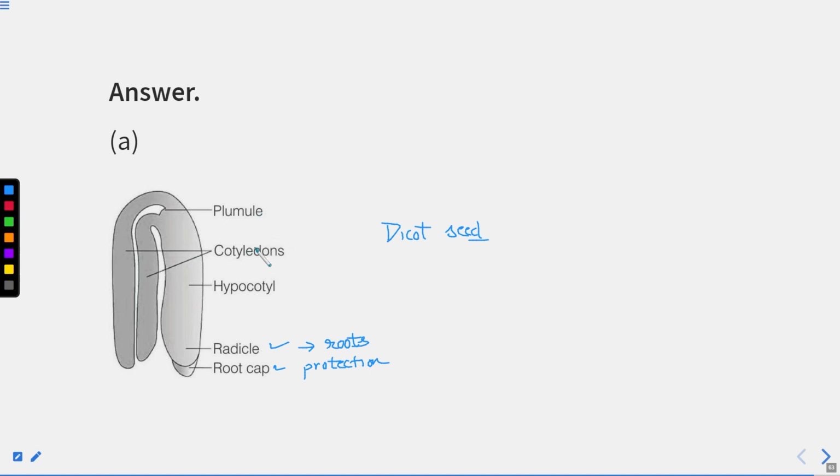Then these are the two cotyledons. Number of cotyledons here is 2. Then plumule here. Plumule will give rise to the shoots. And here hypocotyl is present. Hypocotyl is a region below the cotyledons. So this is a typical dicot seed.